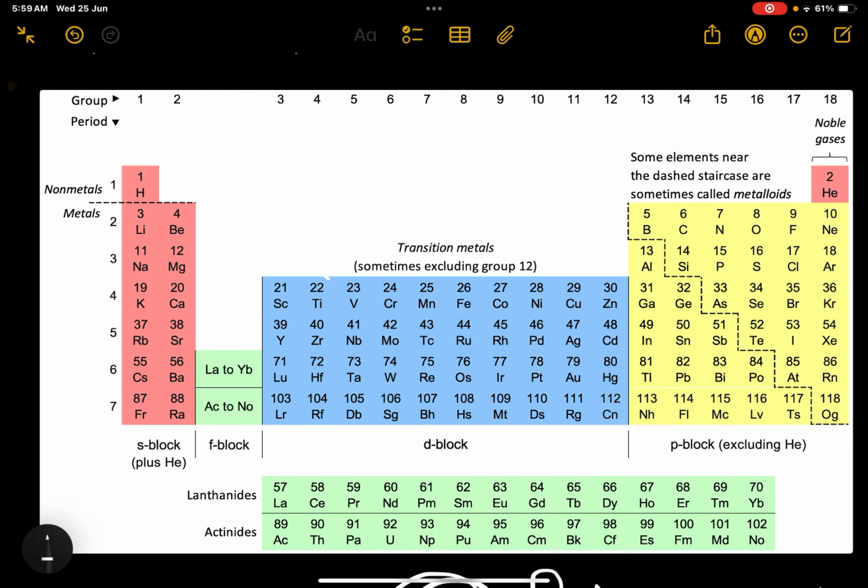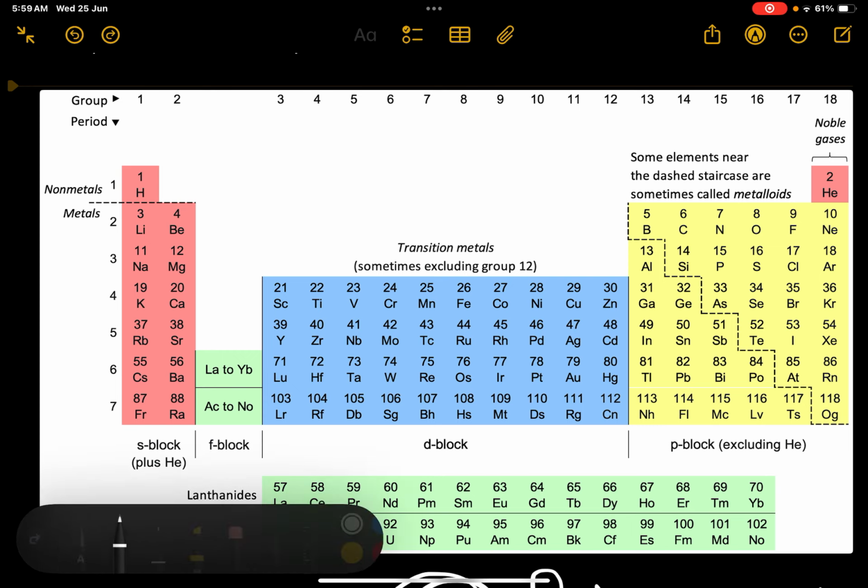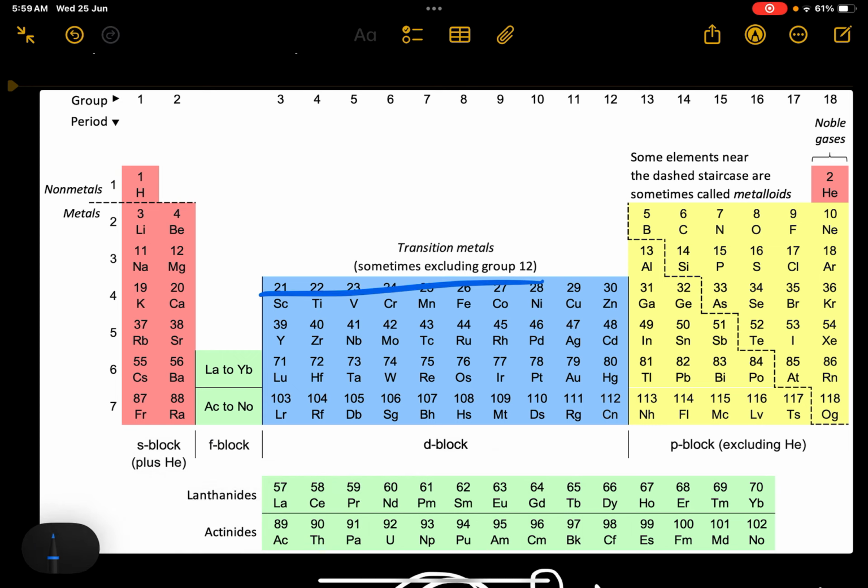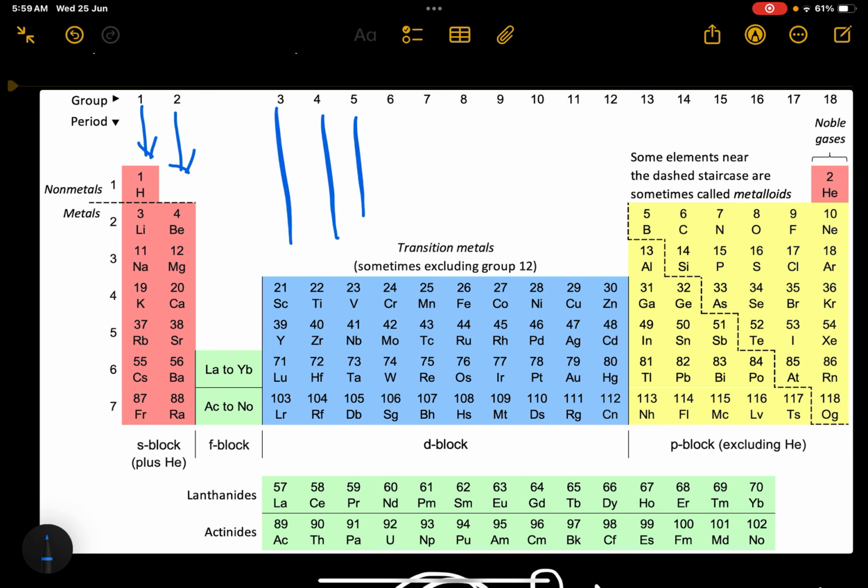I'm not sure if I can annotate on here. Can I? Yeah, I can. So this is a periodic table. Down here, these are groups. These are all groups. And these over here are periods.